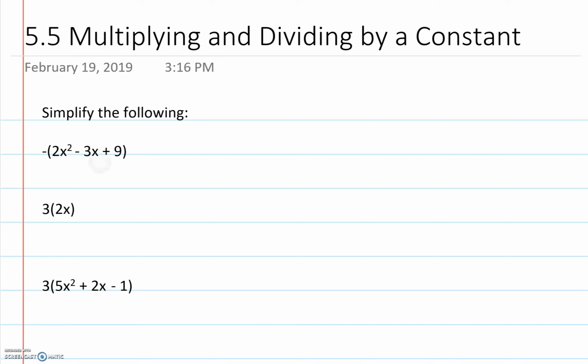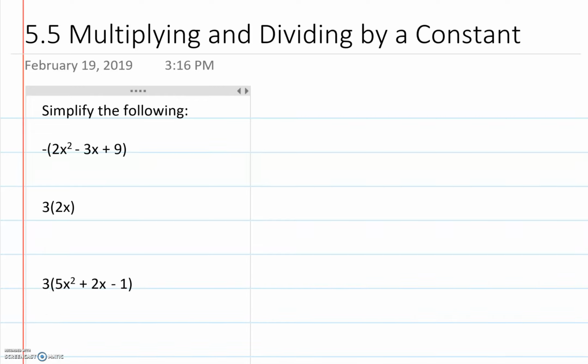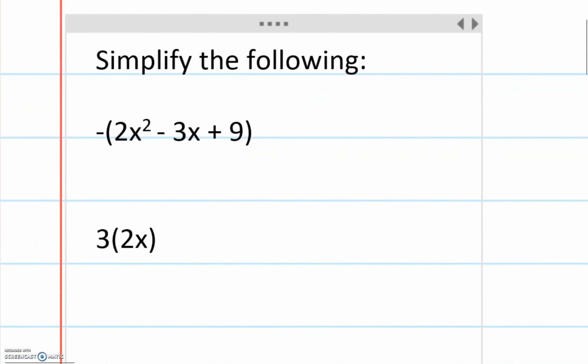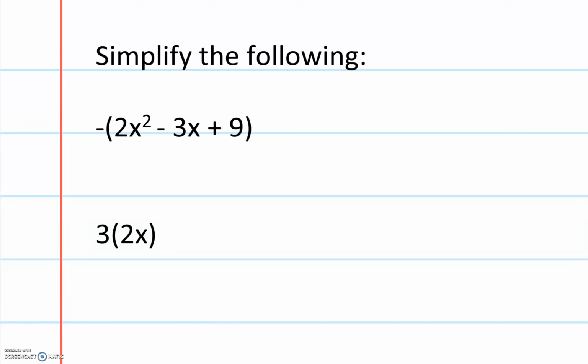Okay, so we will see something like "simplify the following," and we're going to be given a polynomial. This first one here you should recognize because we've been working with that, especially in a subtraction situation. Let's say we have x squared plus x in brackets, and then we're subtracting some polynomial.